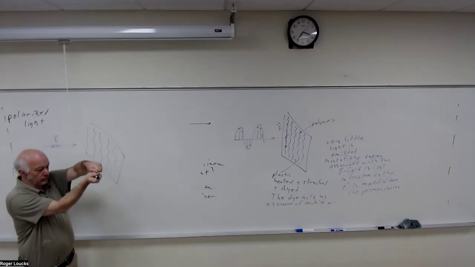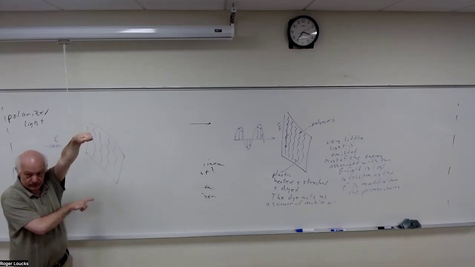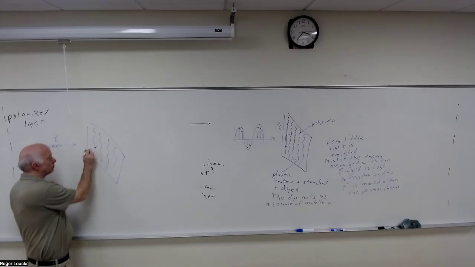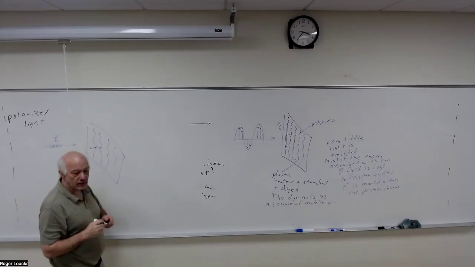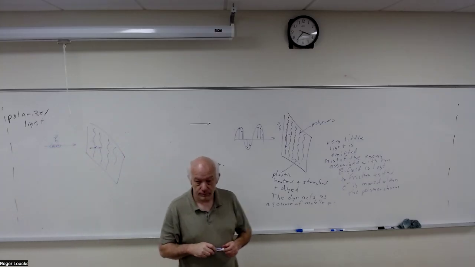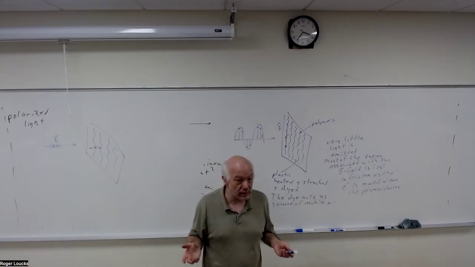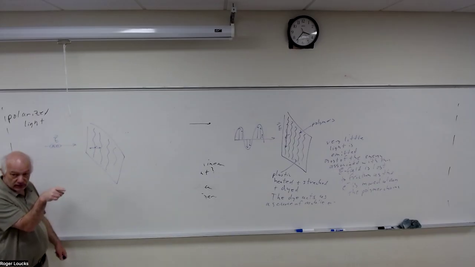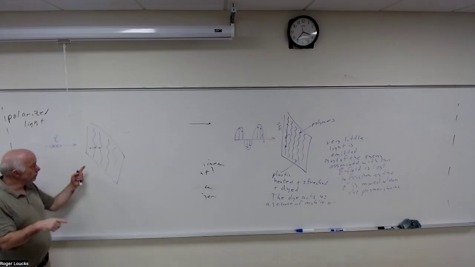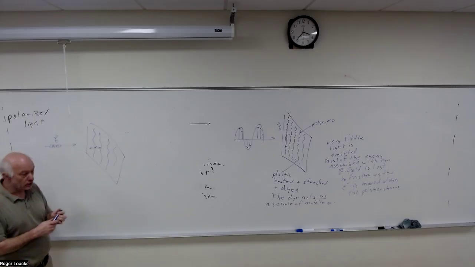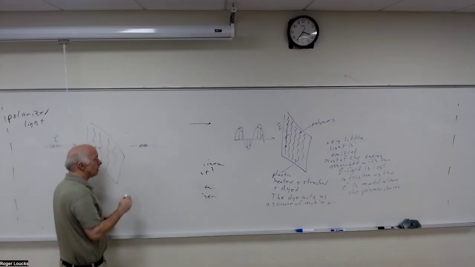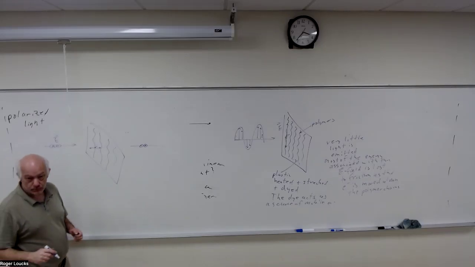My polymer chains are like this, and my electric field is going like that. So here you are, a little electron here. The electric field hits you this way. There's going to be very little motion of that electron. There'll be some, but for the most part, that electron can't do much. So that wave is going to go straight, and most of that wave will come out.